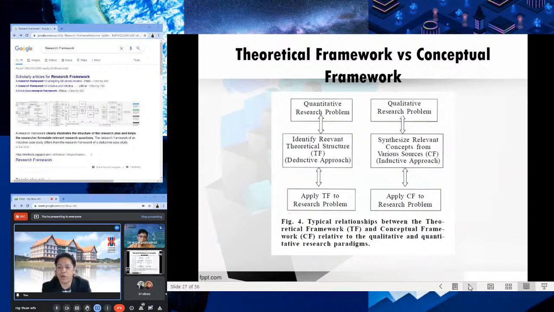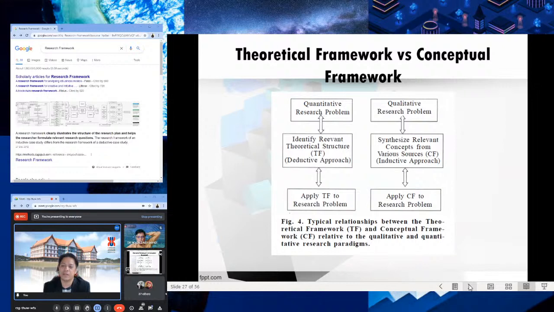When we look in more detail at the differences between the theoretical framework and the conceptual framework from a quantitative or qualitative perspective, they have a little bit of difference. For example, as I show in the slide, a quantitative research problem is more about identifying the theoretical structure and the deductive approach.